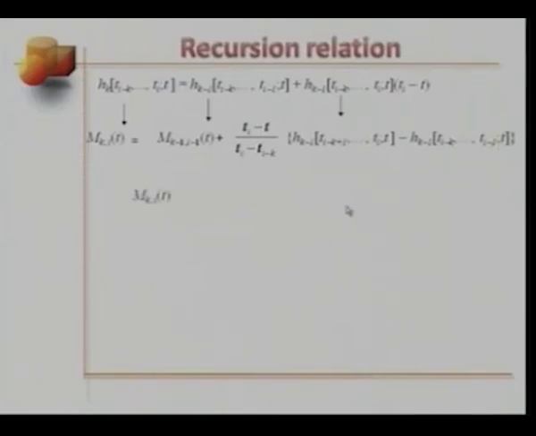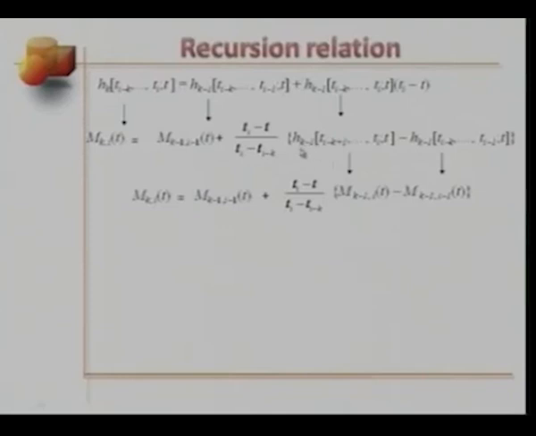So m_k,i(t) equals m_{k-1,i-1}(t) times (t minus t_{i-k}) over (t_i minus t_{i-k}), minus... now let's be careful here.